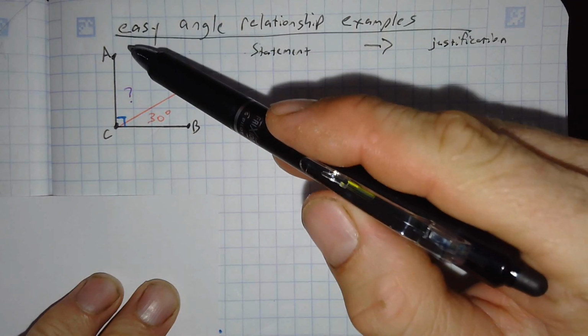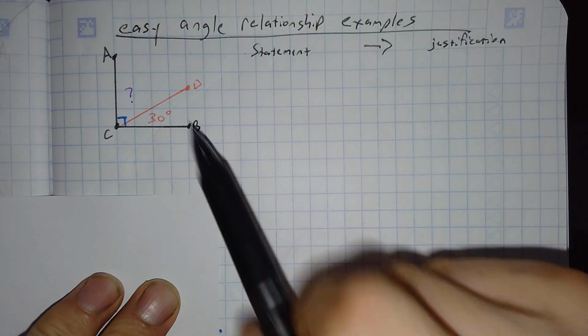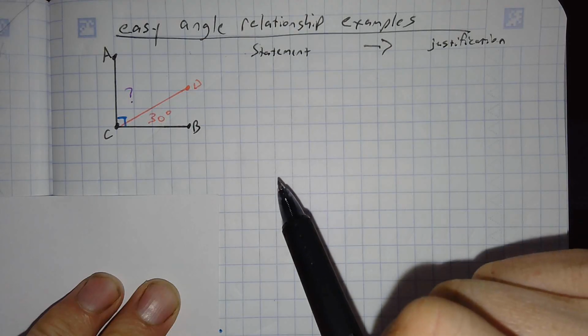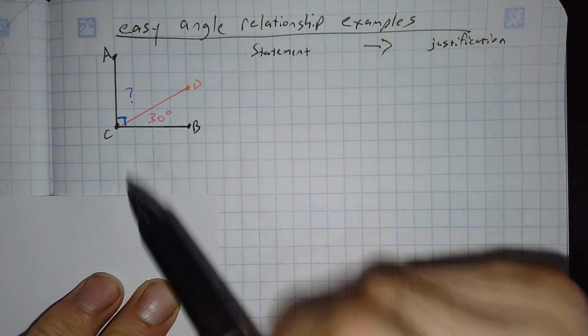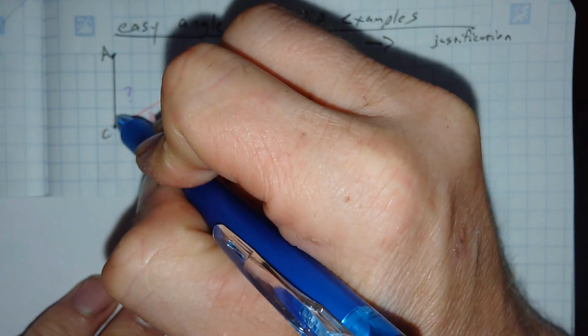Okay, so here's the first one. We have angle ACB and angle DCB, and that's pretty much it. I have those two angles, and I want to figure out this angle. Well, what does this drawing show me? The first thing it shows me is this little blue square down here.